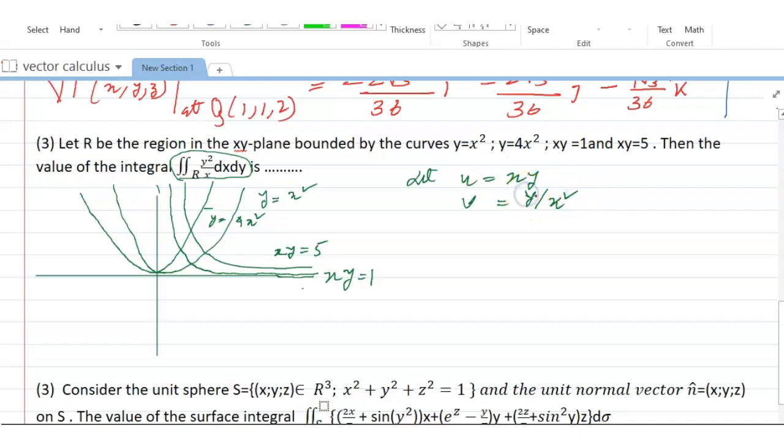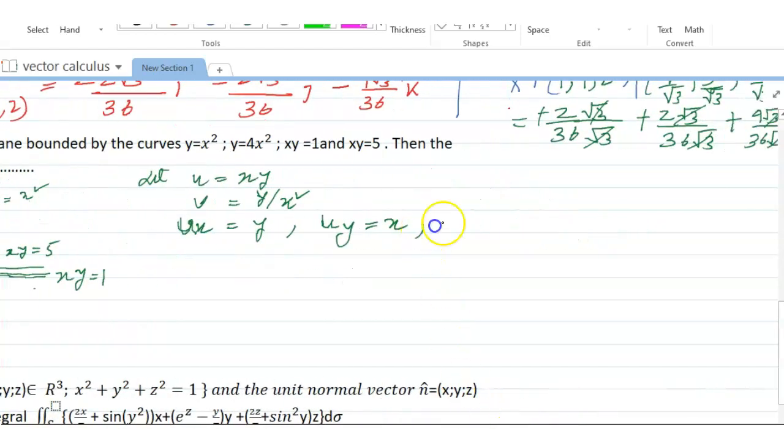Then ux is equal to y, and uy is equal to x, and vx is equal to minus y by x cube, and vy is equal to 1 by x square.